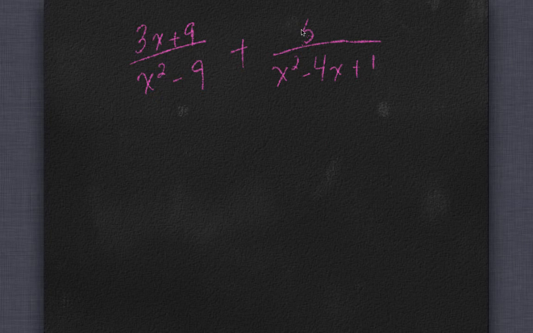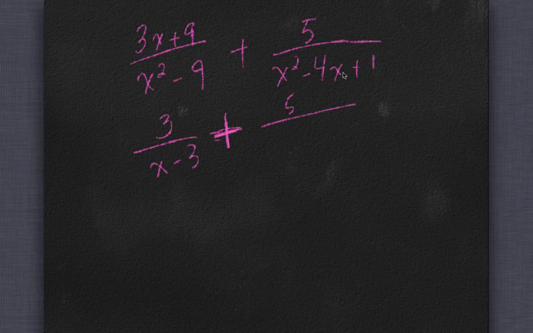I'll just make that easy, make that 5. Okay, so we can reduce that, first of all. Now that's in simplest terms. This one needs to be factored. Oh, sorry, I meant to, it should have been 3.